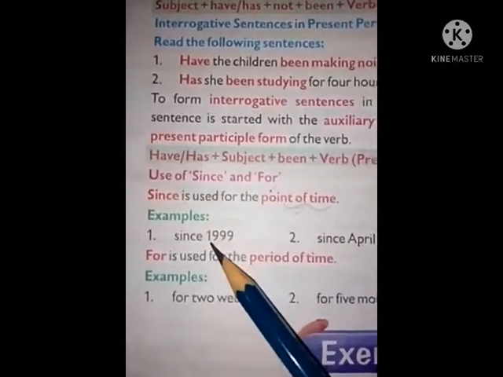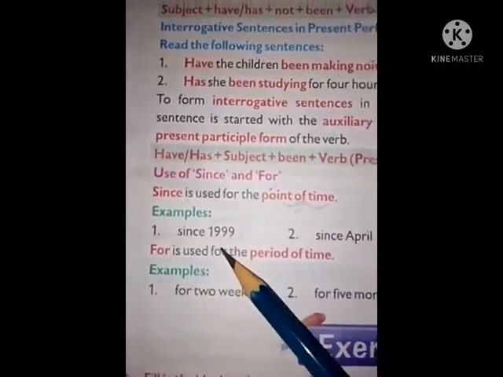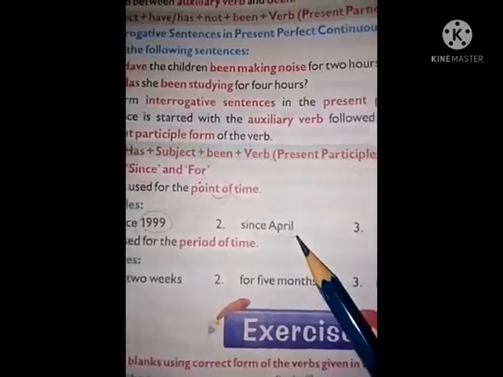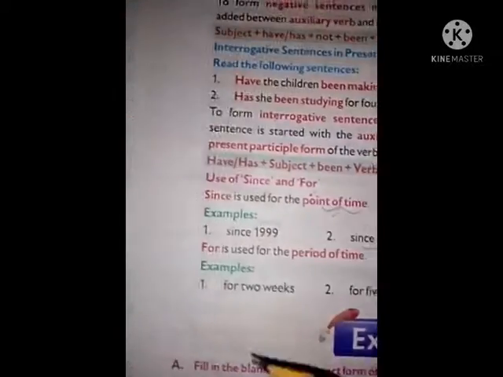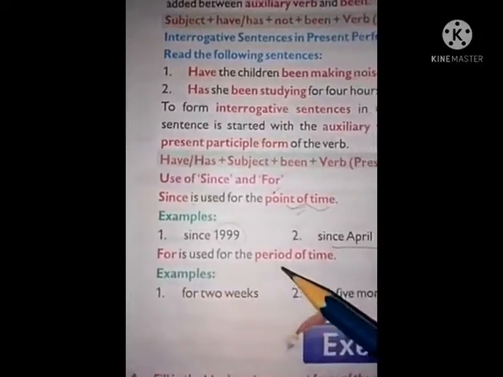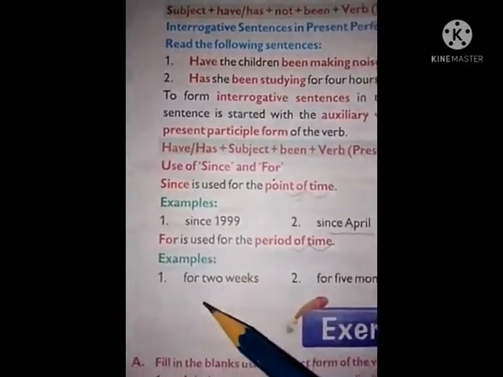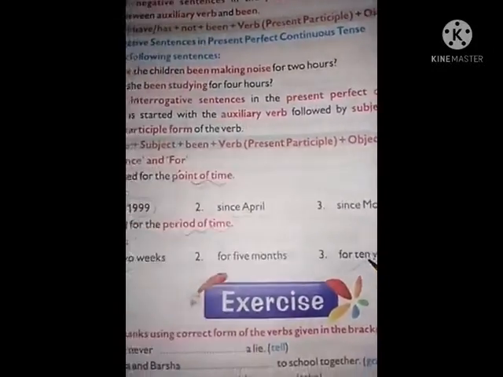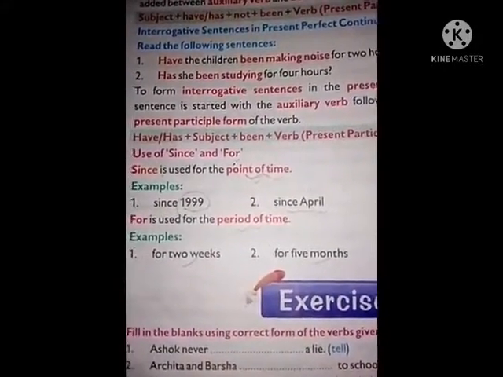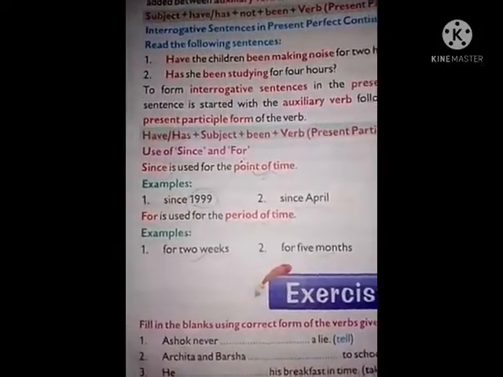Example: since 1999, since April, since Monday, not the exact time. And now, for is used for a period of time. Examples: for 2 weeks, for 5 months, for 10 years. This is the period. Okay, so that is how since and for are used.